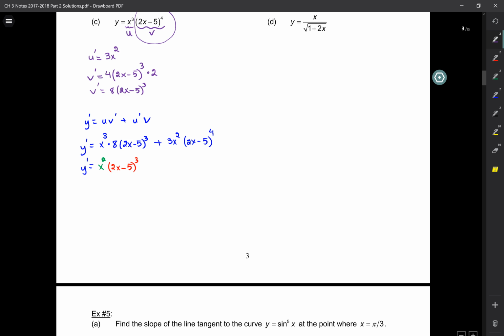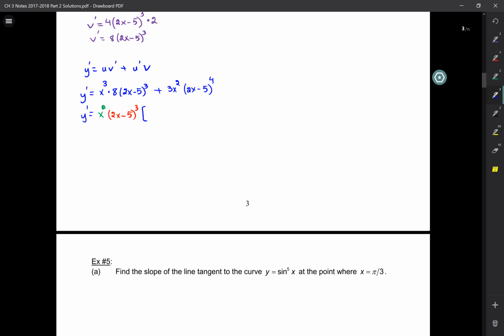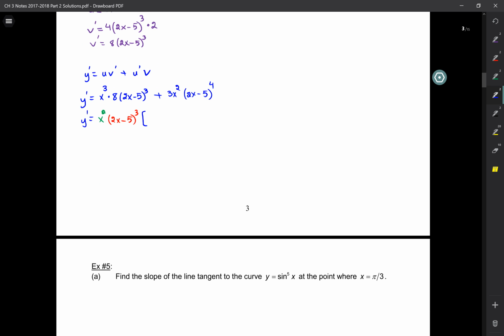So now let's see what we're going to have left. From the first term, if we factor out an x squared and a 2x minus 5 cubed, what do I have left? An 8x. Plus, from there, what do I have left? A 3 times 2x minus 5.